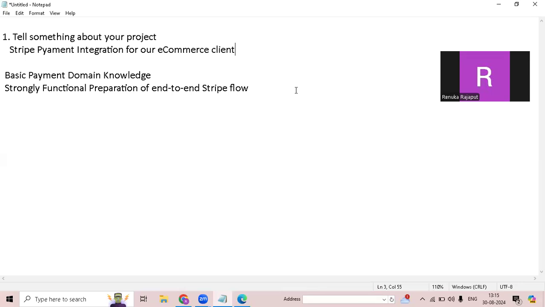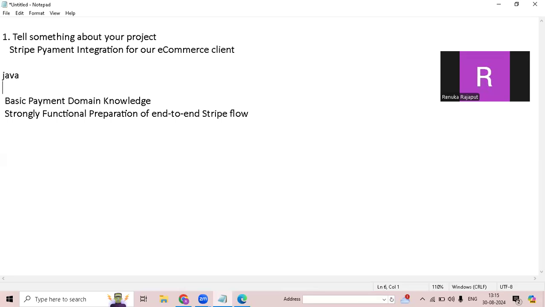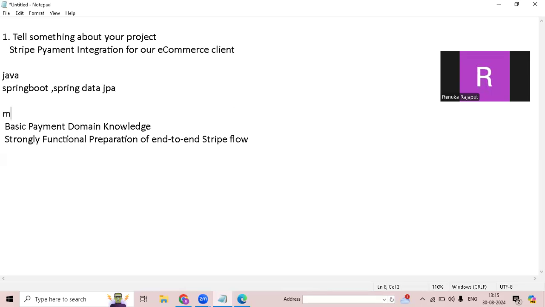And here the technologies we are using. First one is the programming language, Java. Also, as frameworks we are using Spring Boot and Spring Data JPA, and we use microservices architecture.